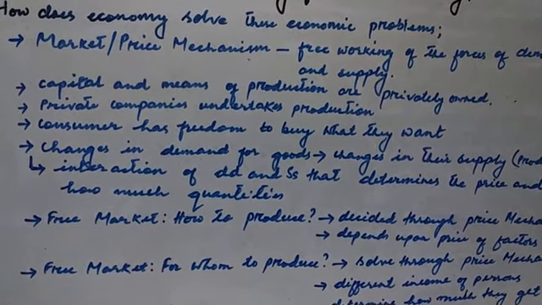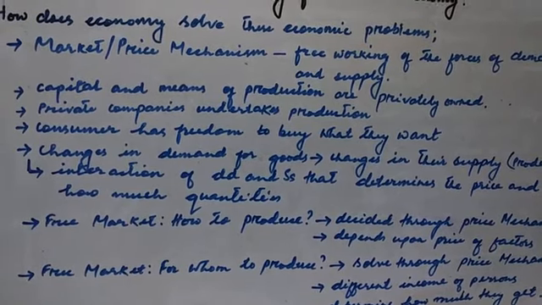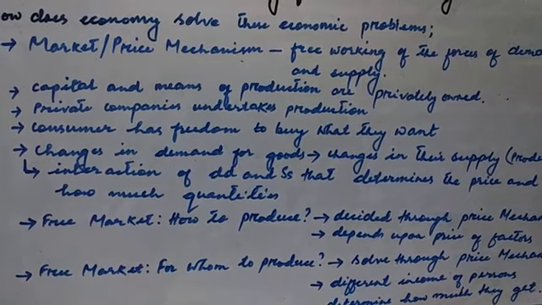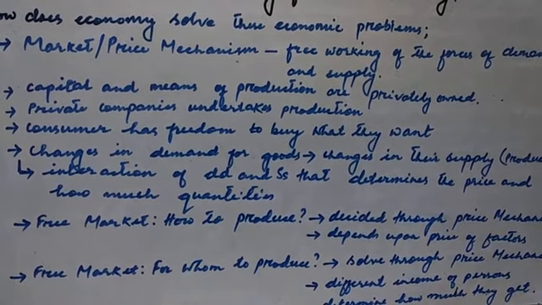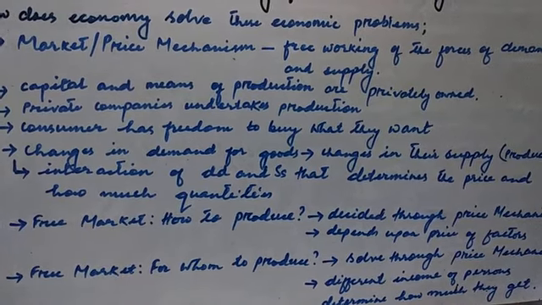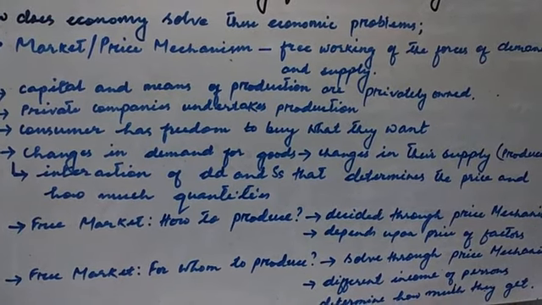The second problem is how to produce. We are talking about a free market or a market economy, or the price mechanism in a free market. In a free market, the problem of how to produce is also decided through this price mechanism.